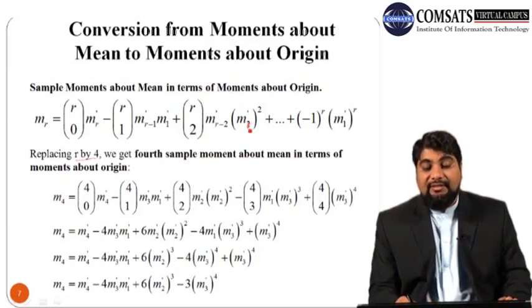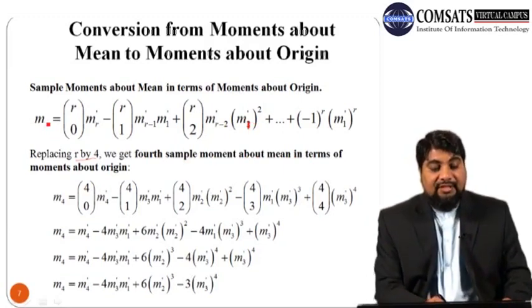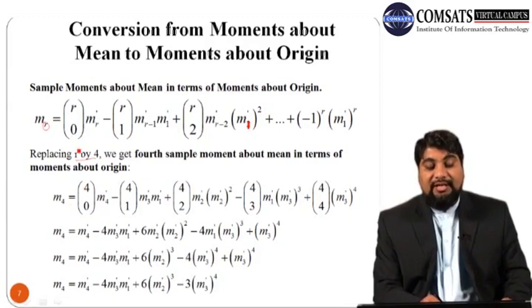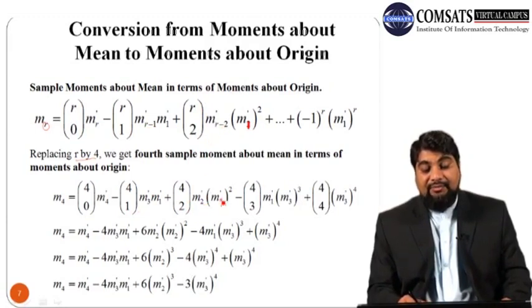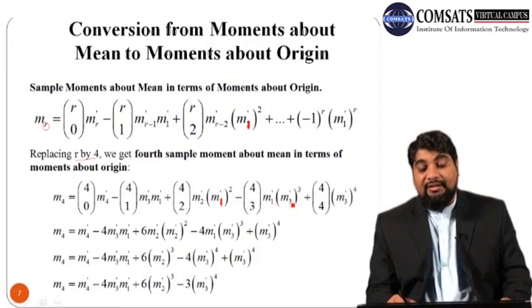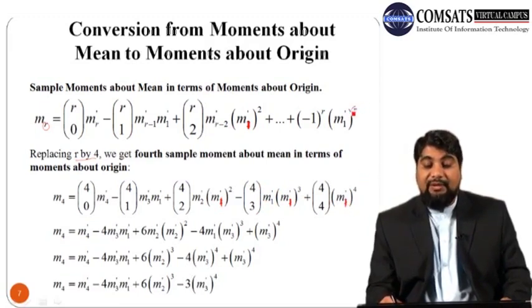So note that this is m1' square. Replacing r by 4, we get m4, then 4c0 m4', then 4c1, 4 minus 1 we get 3, then 4c2, 4 minus 2 we get 2, and here we have m1' raised to power 2, then 4c3, 4 minus 3 we get 1, and this one cube, and then in the end we have m1' raised to power 4.